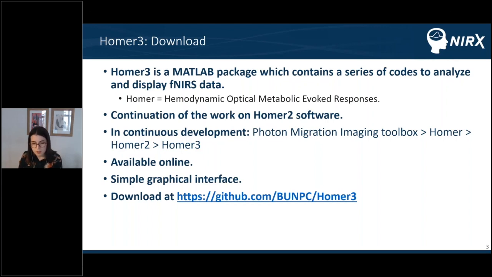First as the photon migration imaging toolbox, then Homer2, and just late last year, Homer3 was introduced. So it is under continuous development. It's free. It's available online. You will see here the link to its page. And it's characterized by a simple object-oriented graphical interface.